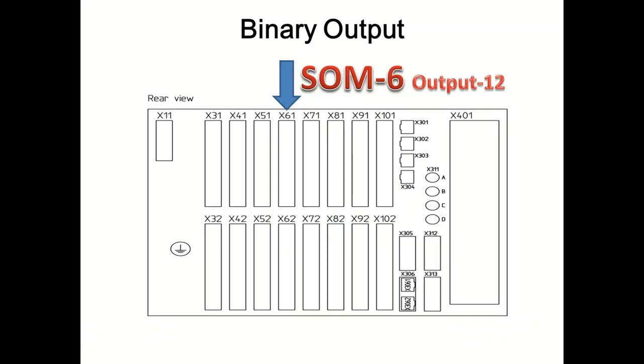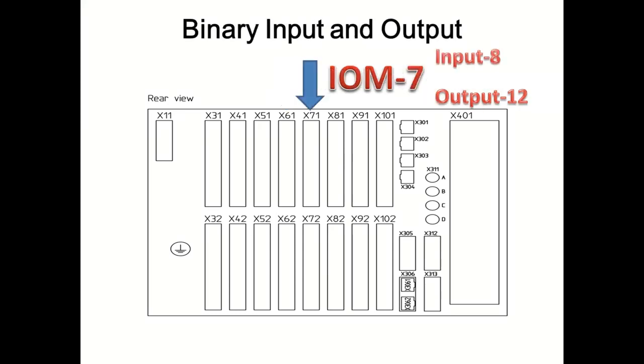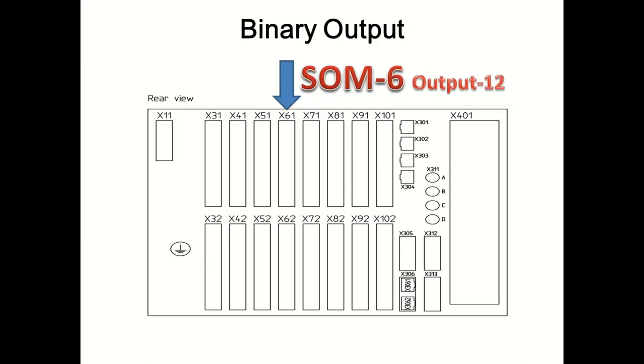Suppose, for example, the X61 card has 12 binary outputs, then the naming that appears in the application configuration is SOM 6, because of X61, so the last digit is added, but here BOM will not appear, SOM will appear.